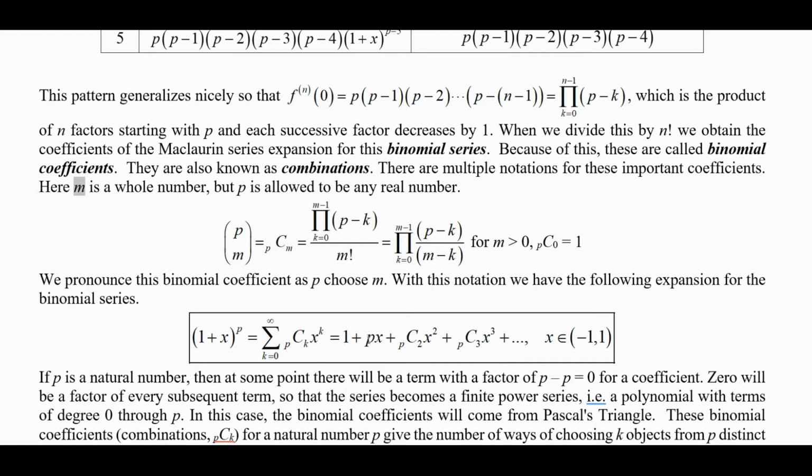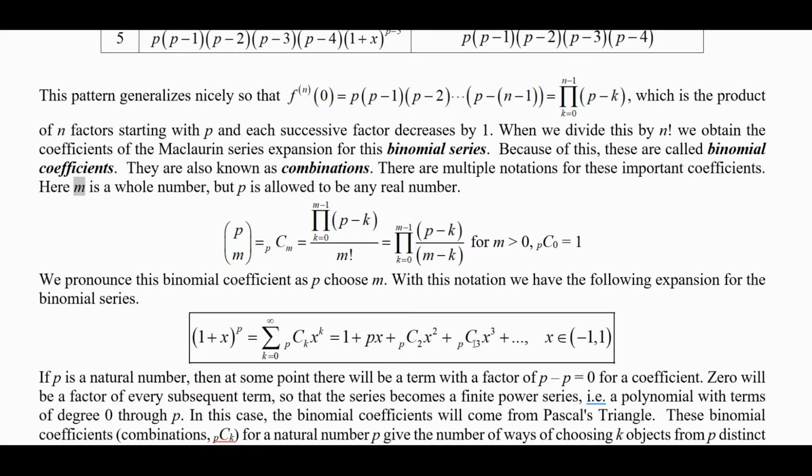So that's 1 plus p times x plus p choose 2 times x squared. P choose 2, remember, would be p times p minus 1, so 2 factors there, over 1 times 2, 2 factors there. Okay, and reduce that if we need to, depending on what p is.